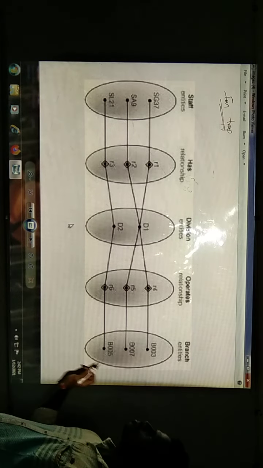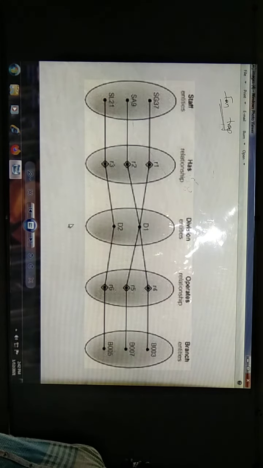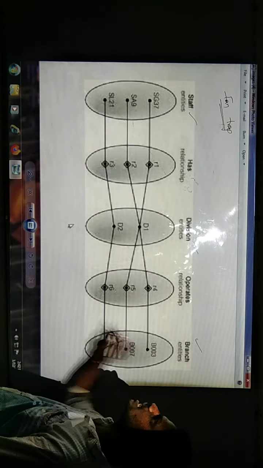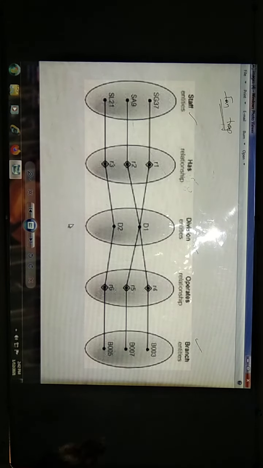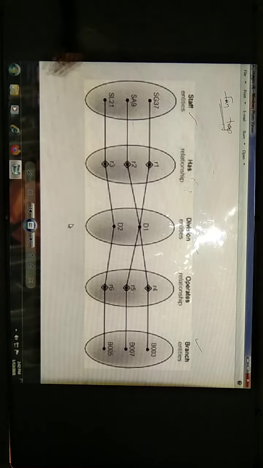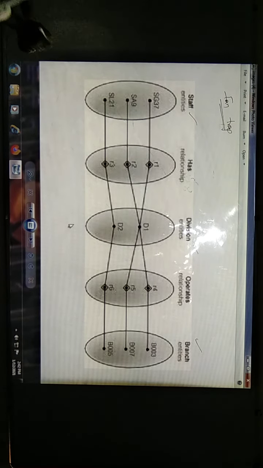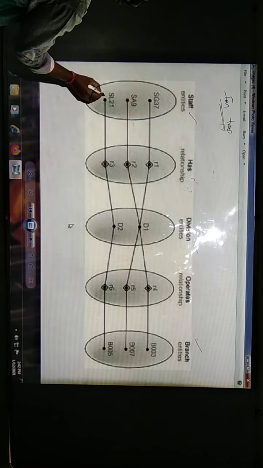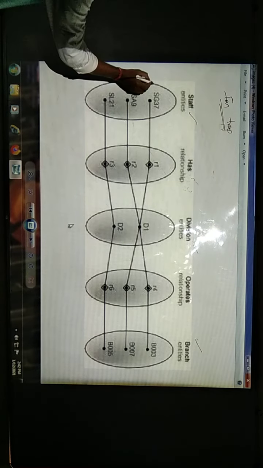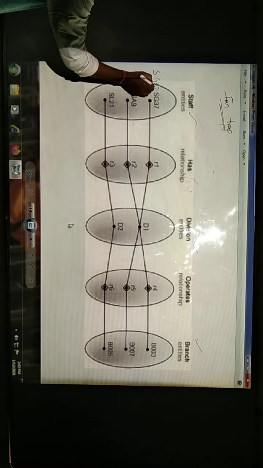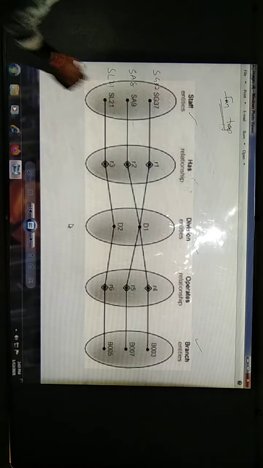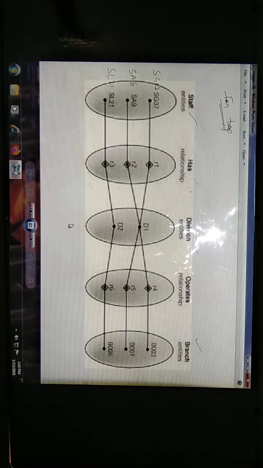For example, consider this instance where we are having three entities: staff entity, division entity and branch entity. There will be records which are related to them. SG37, SA8 and SL21, these are the three records available in your staff entity.